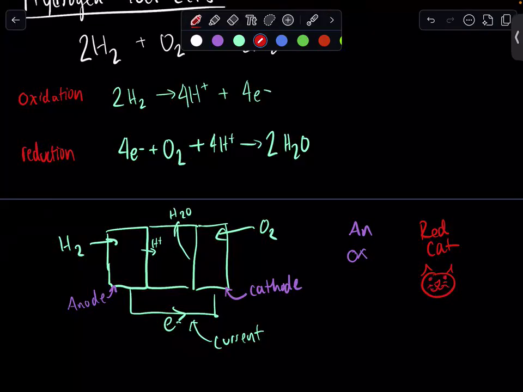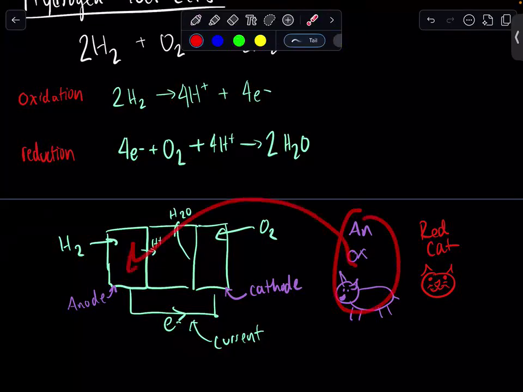And that's reduction. And you think of an ox. I'm going to try and draw an ox now. I think they have horns. And that's oxidation. So oxidation happens at the anode, and reduction happens at the cathode.